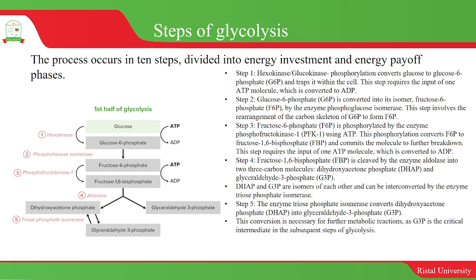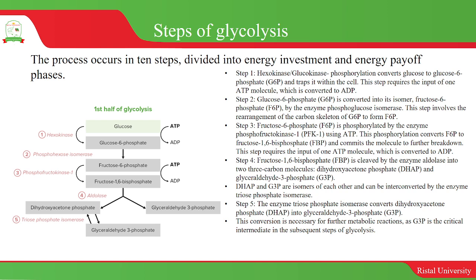And then the fructose 6-phosphate is converted into fructose 1,6-bisphosphate using the enzyme phosphofructokinase 1. So it adds another phosphate group such that we have 2 phosphate groups, and we get fructose 1,6-bisphosphate.